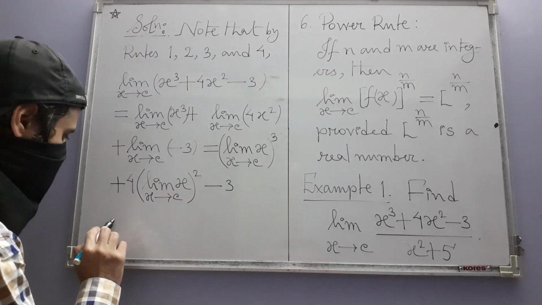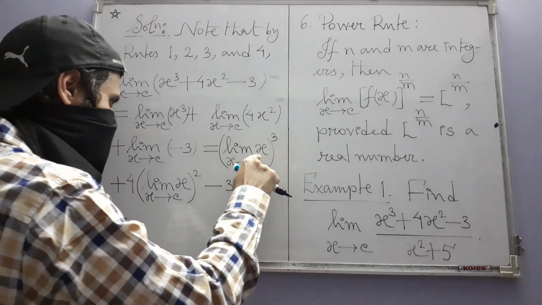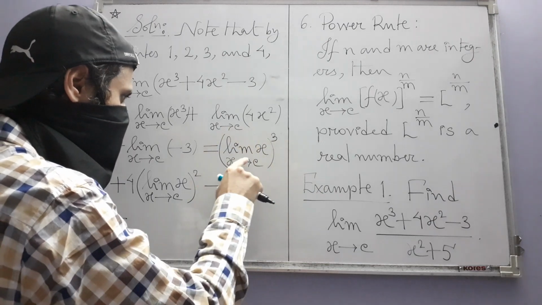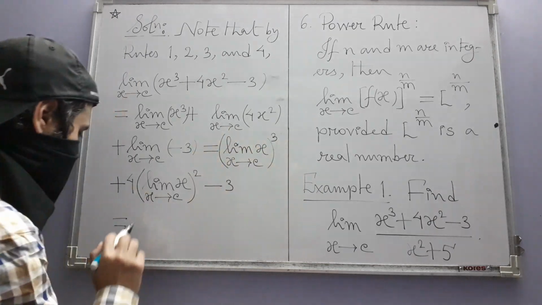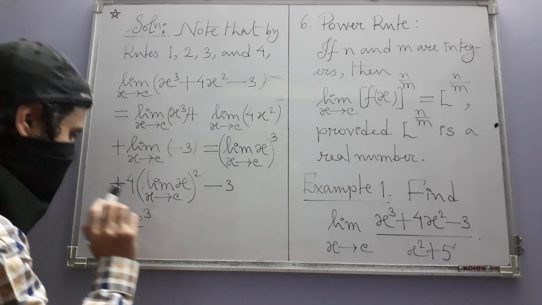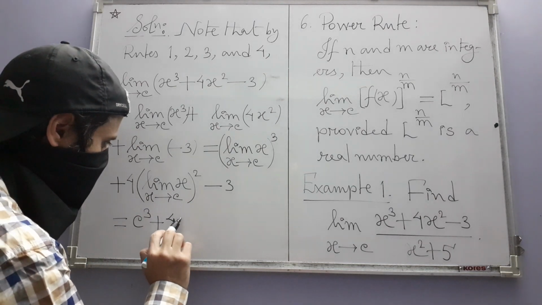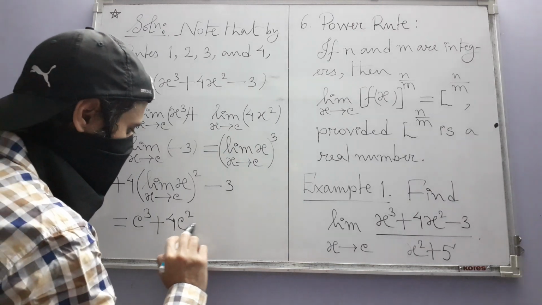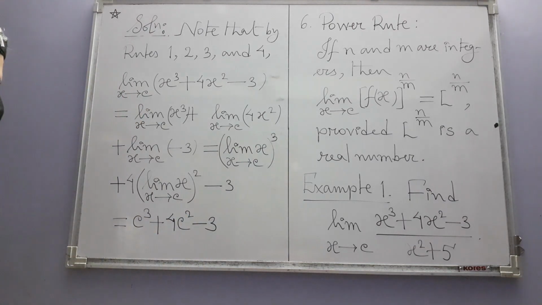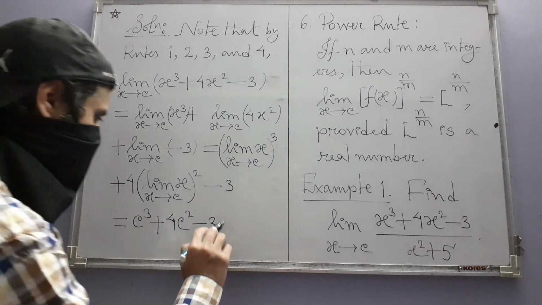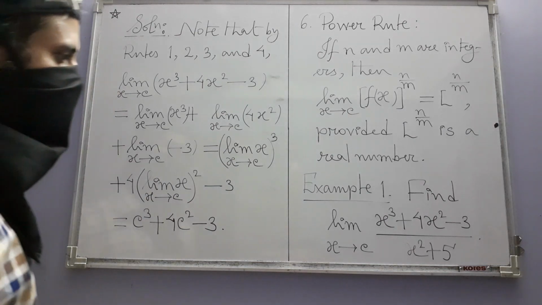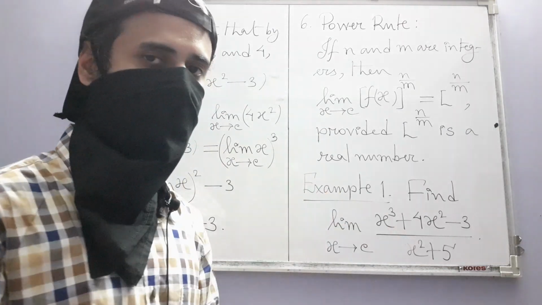And in fact, the limit inside the cube is nothing but c. So that's how I get c cube, plus here I get 4c square minus 3. Okay. So I know the limit of the numerator.